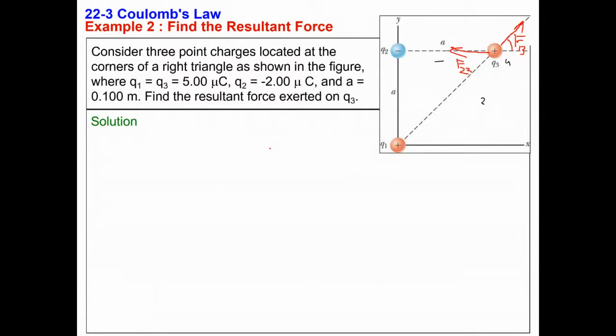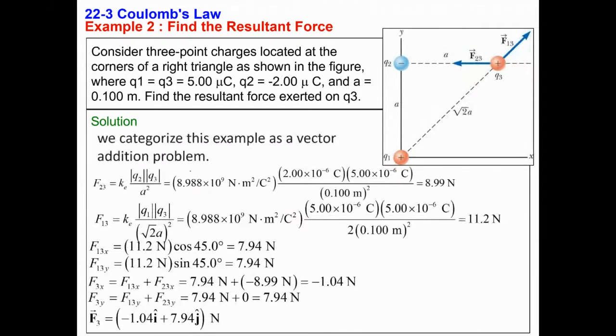Let me go directly to the solution, the next slide. Here we determine the magnitude F13 by just applying Coulomb's law, and we determine F23. We find one is 8.99 newtons, the other one is 11.2 newtons.